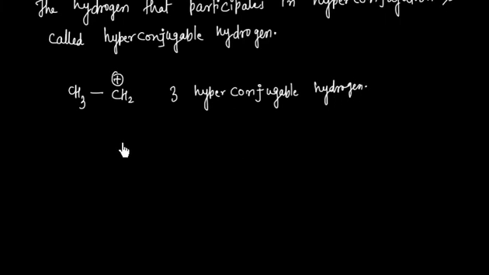For example, if I ask how many hyperconjugable hydrogen we have for this carbocation, this hydrogen is hyperconjugable, this hydrogen is hyperconjugable, this one is hyperconjugable, this one is hyperconjugable. So in this case we have 4 hyperconjugable hydrogen.